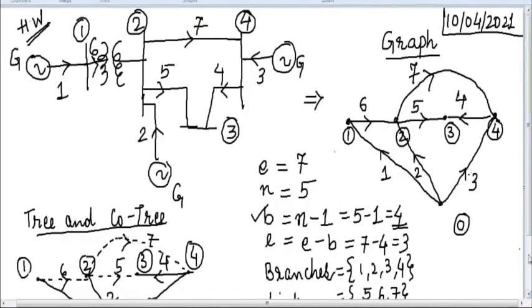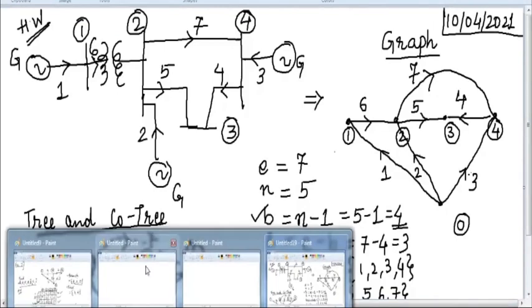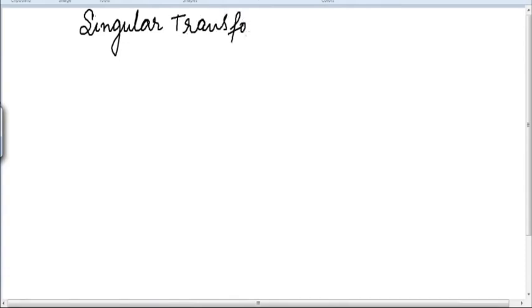Now let us come to the second part of the unit, which is called the singular transformation. So the second part of this particular unit is related to the singular transformation, and we have to solve the matrices by using the singular transformation method.